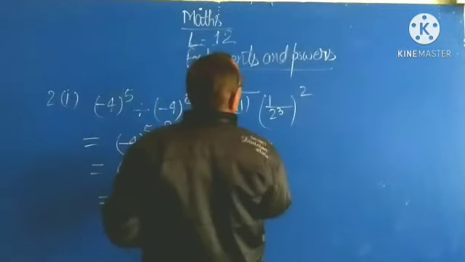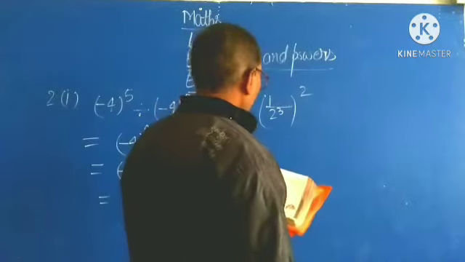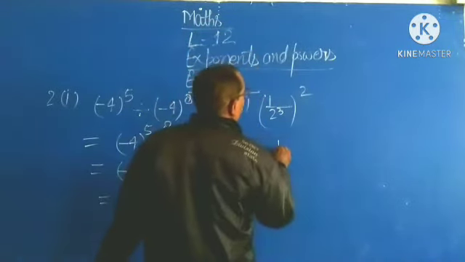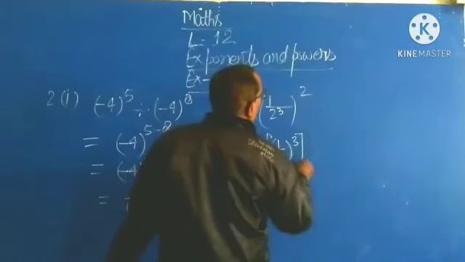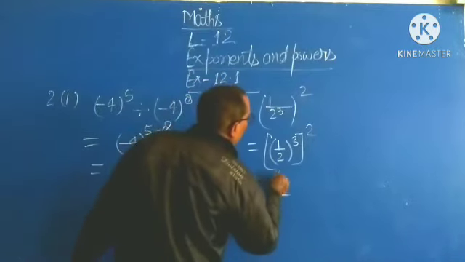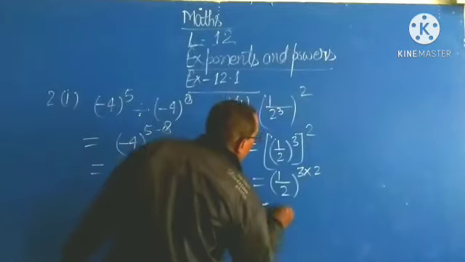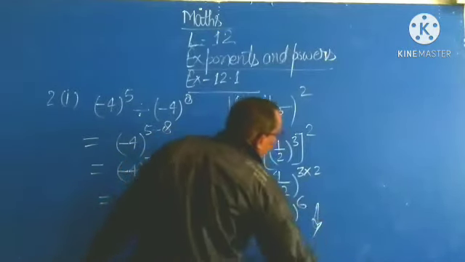You write this in exponential form with positive exponent. You write 1 upon 2 to power 3, whole to power 2. You get 1 upon 2 to power 3 into 2, that is 1 upon 2 to power 6. It is your answer.